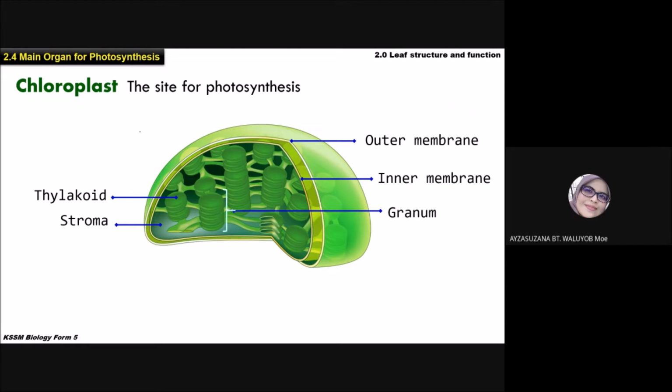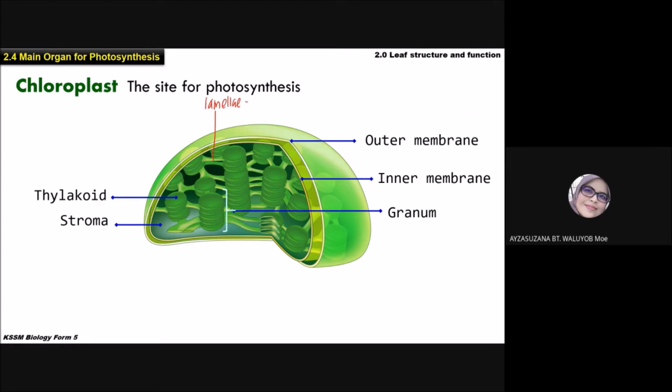Okay. A bridge yang menghubungkan antara granum and granum ni kita namakan sebagai apa? Sebagai lamella. Okay, lamella. Dia adalah bridge that menghubungkan antara granum dengan granum.